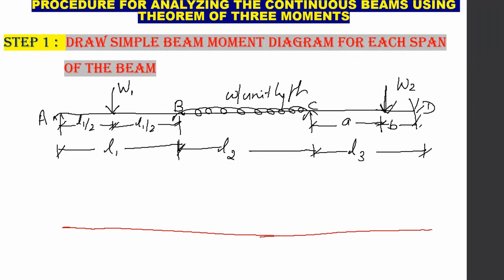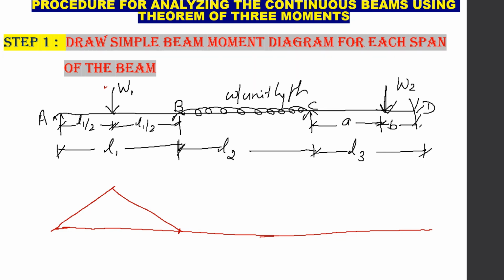So we will draw the spans like this. For AB, it is a concentrated load in the span AB, so our bending moment diagram will be like this. It will be linearly varying. So it is a center.